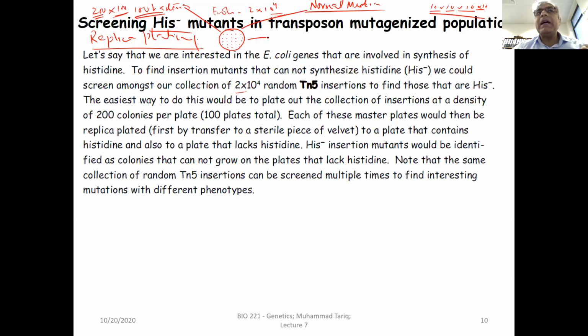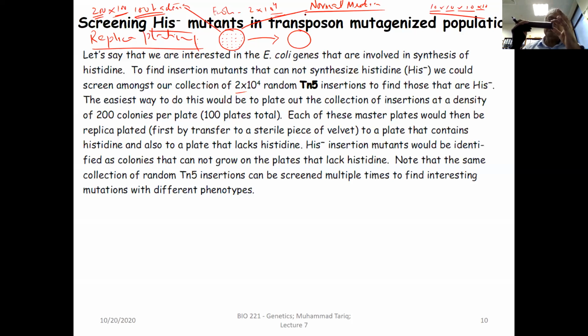Now we will replica plate. We'll take a stamp. Now replica plating should be clear to you all. So we take a block, and let's say my palm is the plate. The size of our block should be exactly the size of the plate. Normally a small plate is 90 millimeters or so.